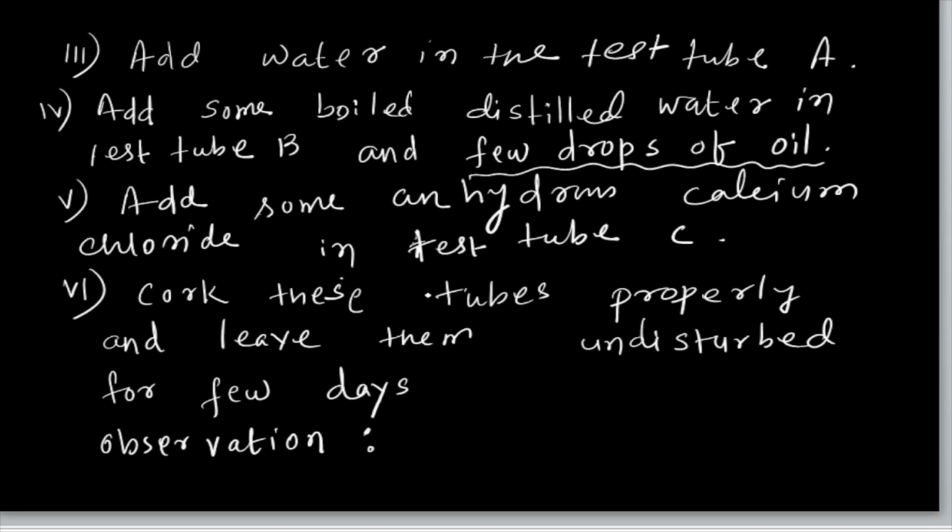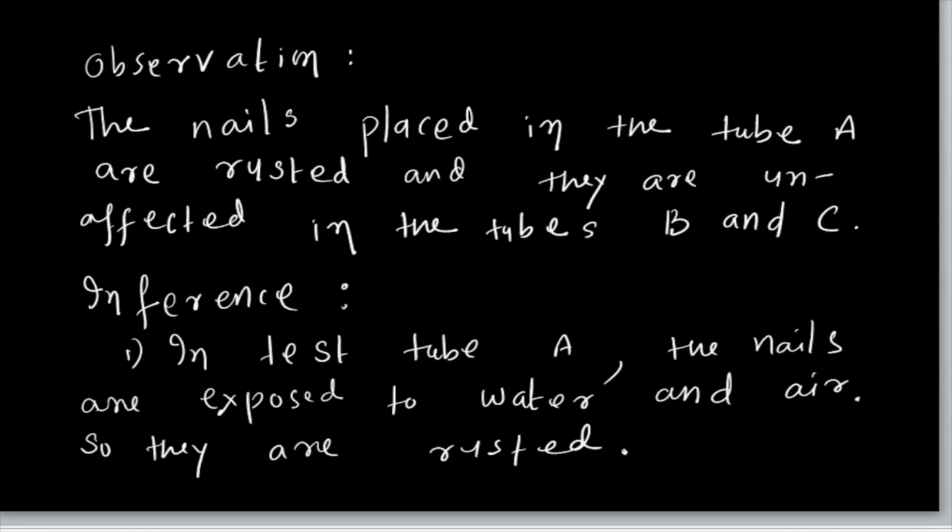Cork these tubes properly and leave them undisturbed. Then what is the observation? In first there is water. The nails placed in the tube A are rusted and they are unaffected in the tubes B and C. Yes, in B and C there is no effect on the nail, because the iron nail will not rust.